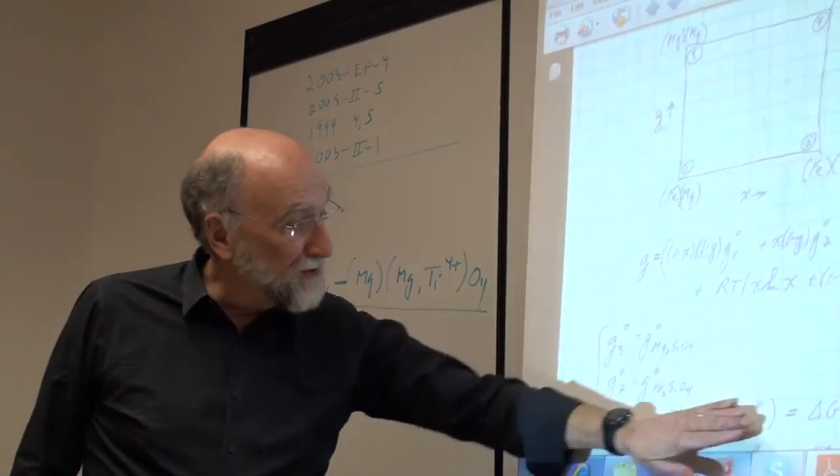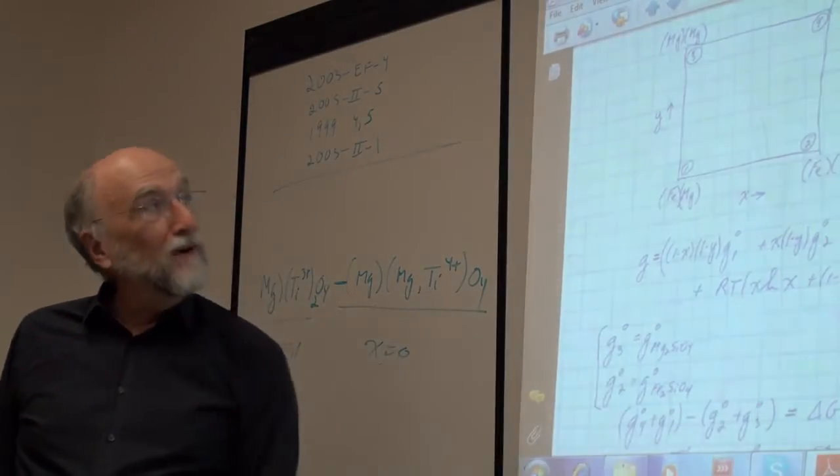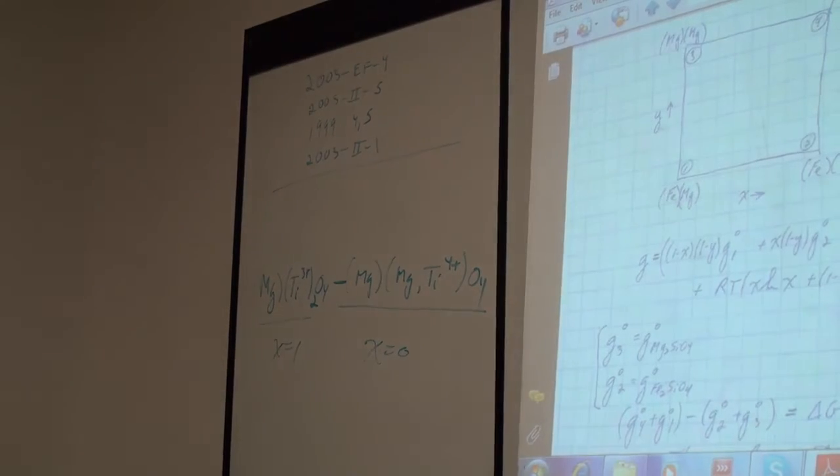So G01 minus G04, as far as I can see, is going to be the criterion here. Or is it? The exchange Gibbs energy is going to give you a miscibility gap, a tendency to immiscibility on here.